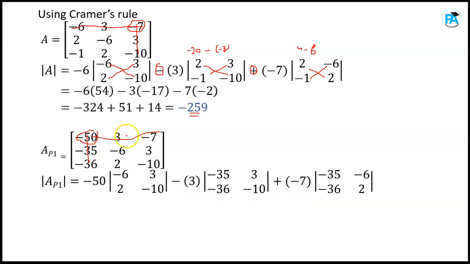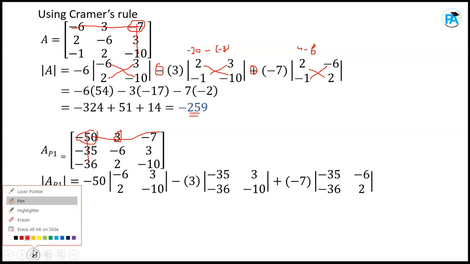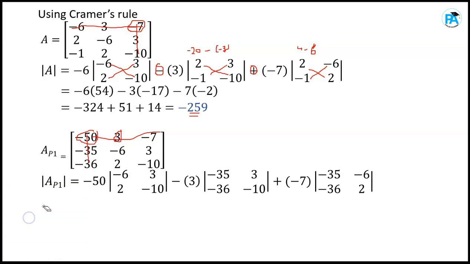So minus, then you take the second value also. When you take the second value, you cancel out the numbers on the same row with it. Then you take this and this. So you have its minor as negative 35, negative 36, 3, and negative 10, which is this. Are you following? Then plus, the next value is what? Negative 7, isn't it? Let me clean this so that you can see everything clearly.